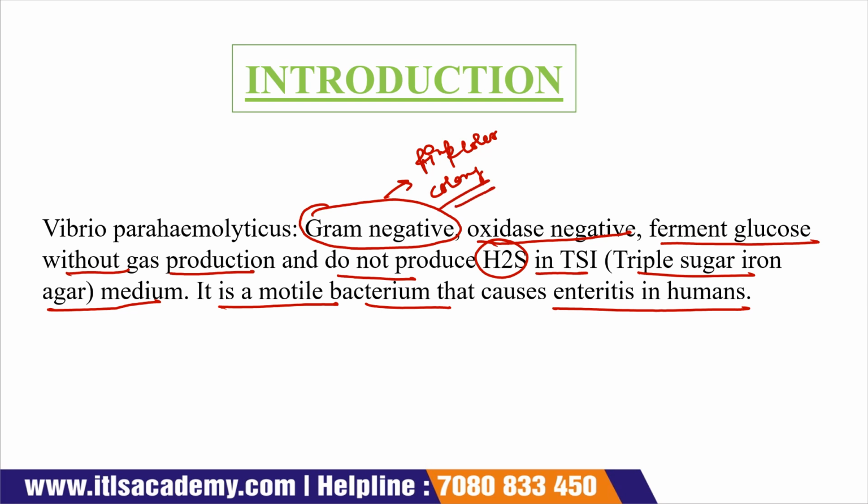They are oxidase negative and ferment glucose, with no gas production, and they do not produce H2S when treated with TSI.